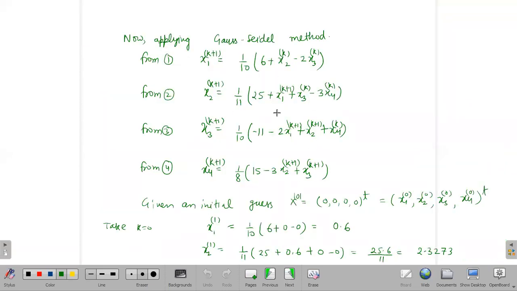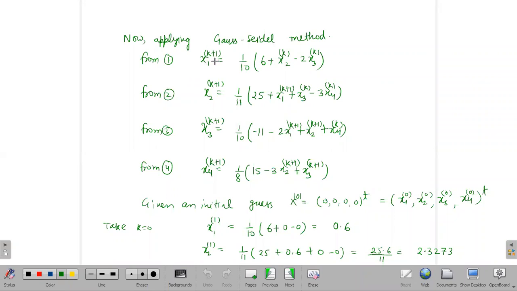Then you put k plus 1 because we are finding the new iteration. The kth is assumed as the old iteration and k plus 1 as the new iteration. These on the left-hand side are the k plus 1th iteration. Obviously, for the first component of the k plus 1th iteration, you have only the previous one, that is, kth iteration components only.